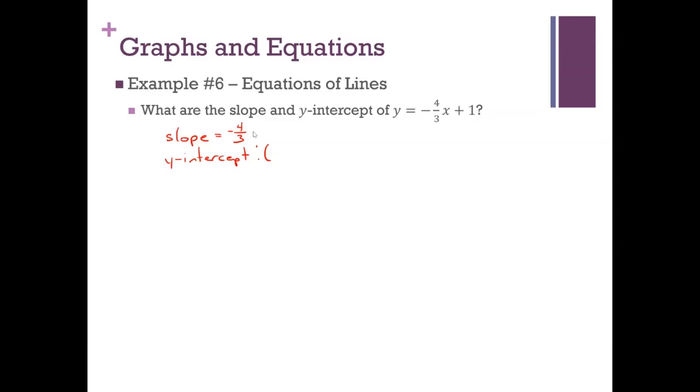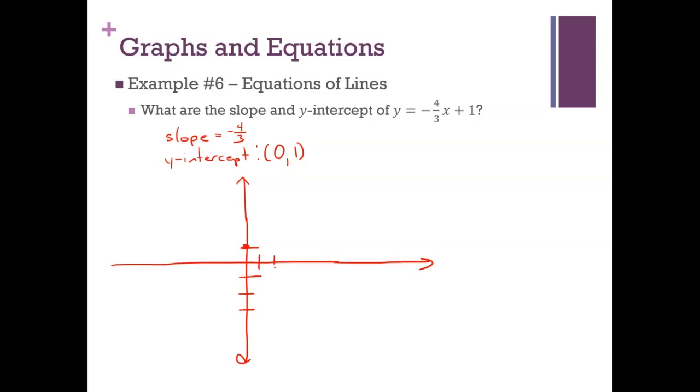And then where's the y-intercept? At 1, so 0,1. So my graph should look like this: y-intercept of 1, and then the slope is -4/3. So down 1, 2, 3, 4. 1, 2, 3.